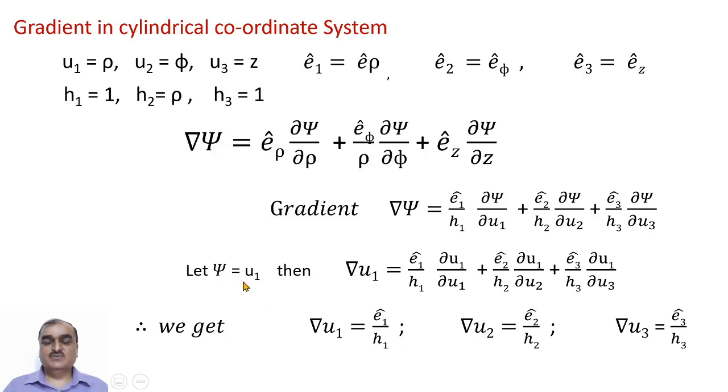And if psi is a function of u3 only, if we substitute u3 instead of psi, then this term becomes 0, this term becomes 0, and del u3 by del u3 becomes 1. Then we get del u3 equal to e3 cap over h3. These terms we require while deriving the expression of divergence.